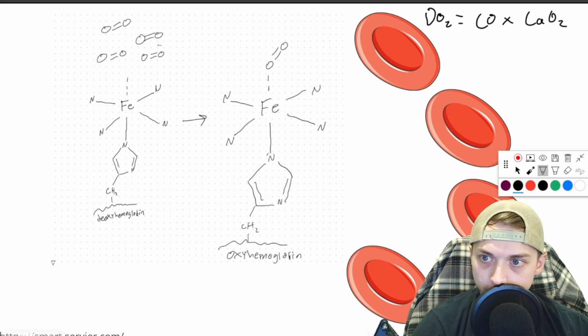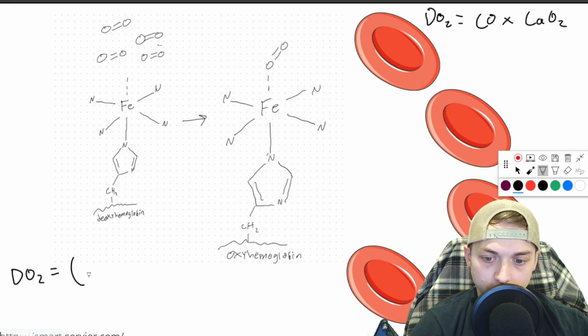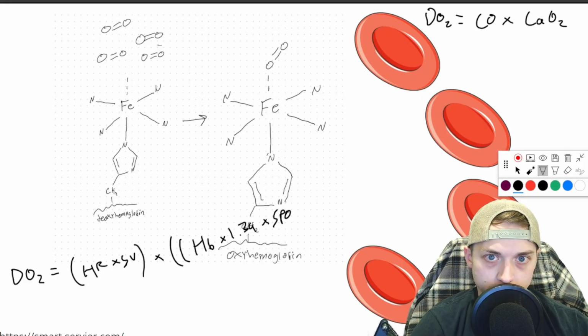Now, if we really wanted to expand on that, we could say that DO2 equals heart rate times stroke volume times hemoglobin times 1.39 times SpO2 plus, my goodness, 0.0031 times the partial pressure of oxygen.